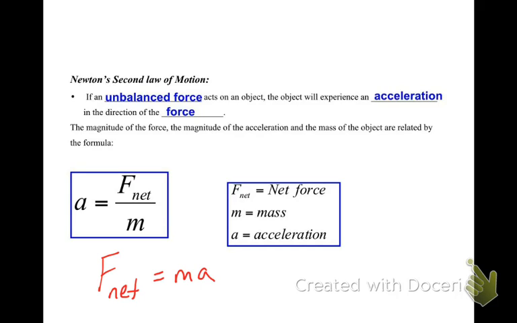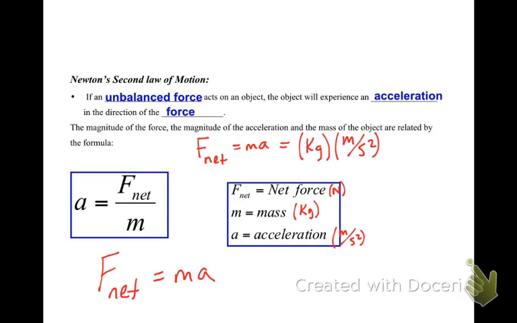So F net means our net force. Our units of force are said to be newtons. Our units of mass are kilograms, and acceleration, as you know, meters per second squared. So if we wanted to solve for our units of force using F net equals ma, just plugging in our units here, we've got kilograms for where our mass was and meters per second squared for where our acceleration was.